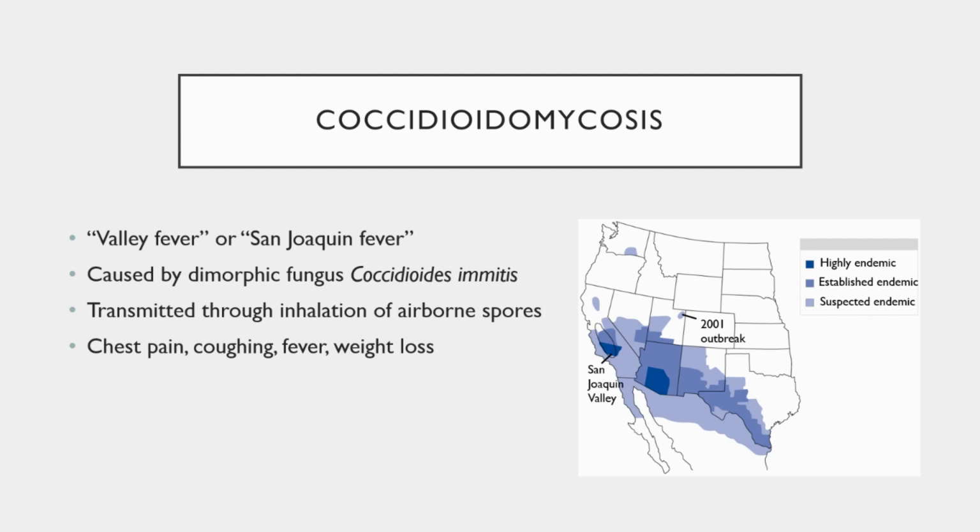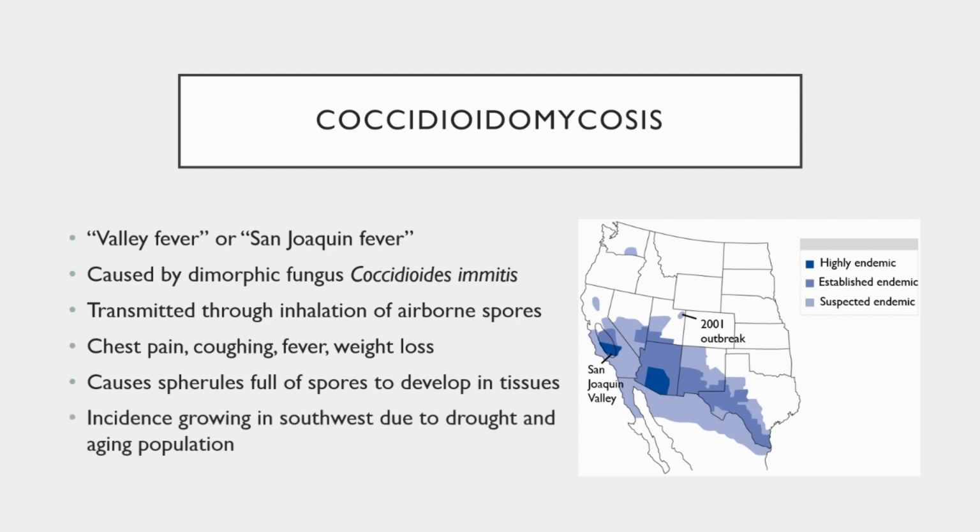The coccidioides pathogen, when it gets in your lungs, causes spherules of spores to develop in the tissue of the lungs. And the incidence in our region, the Southwest, is growing due to our aging population as well as drought, which causes the soil to become drier and more capable of aerosolizing and kicking up these spores for transmission.